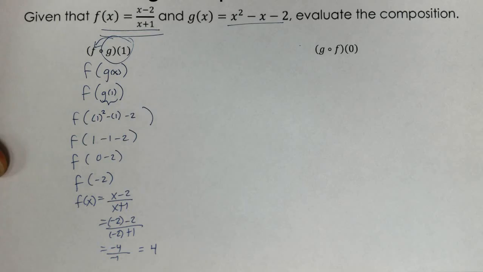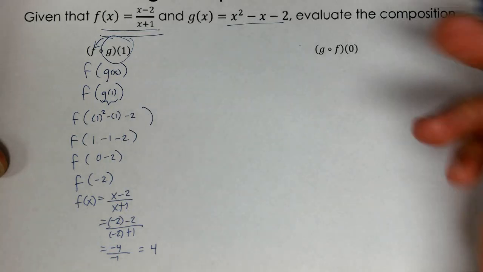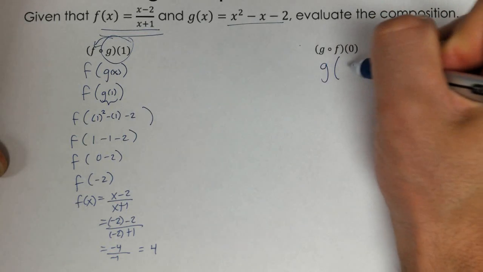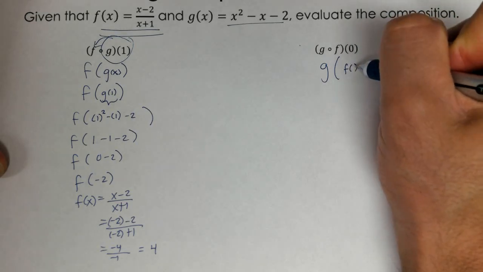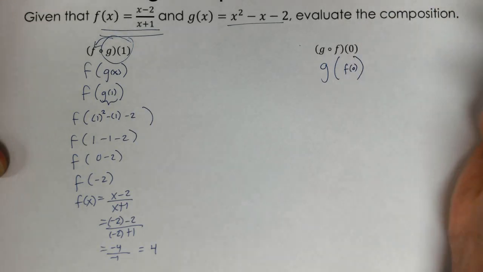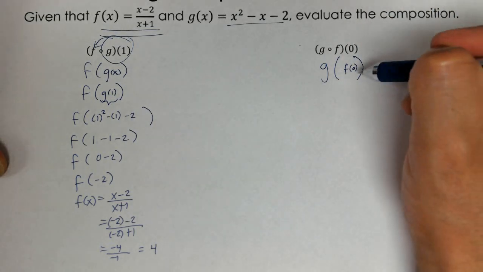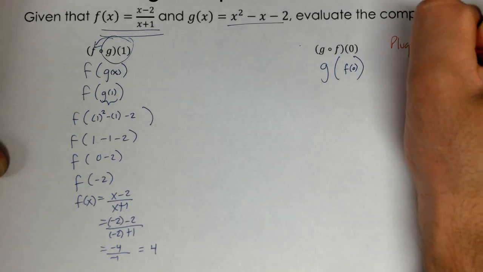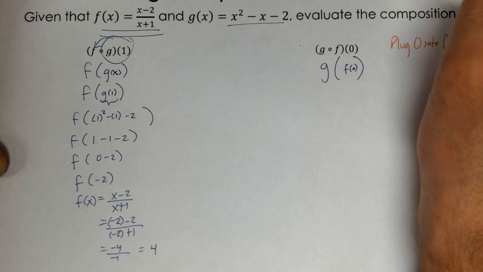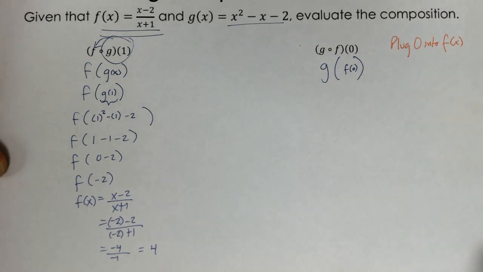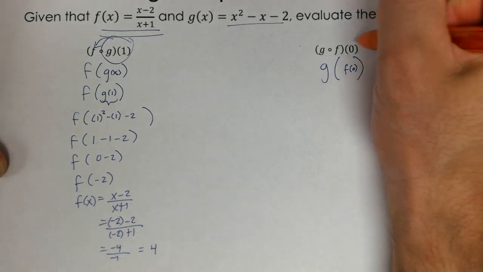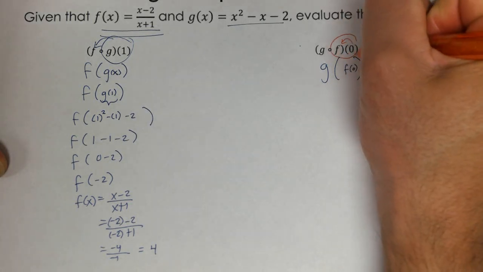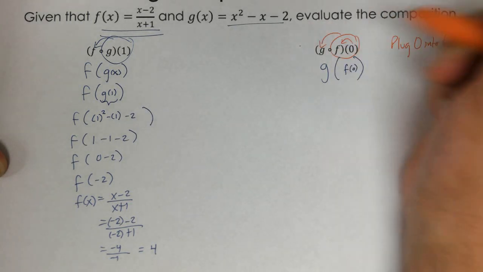Let's try another one just for some practice. Here we're going to have g composed of f, and f is composed of 0. So first, we need to plug into f. Plug 0 into f of x. Once I plug 0 into f, I take my answer and I'm going to plug that into g.